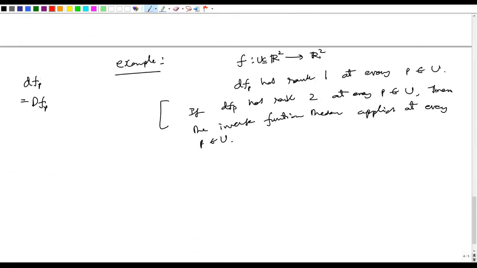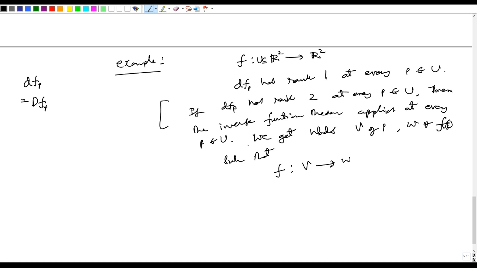Well, here what happens is, at every P, we get neighborhoods V of P, W of f of P, such that f takes V to W, and this is in fact a diffeomorphism.